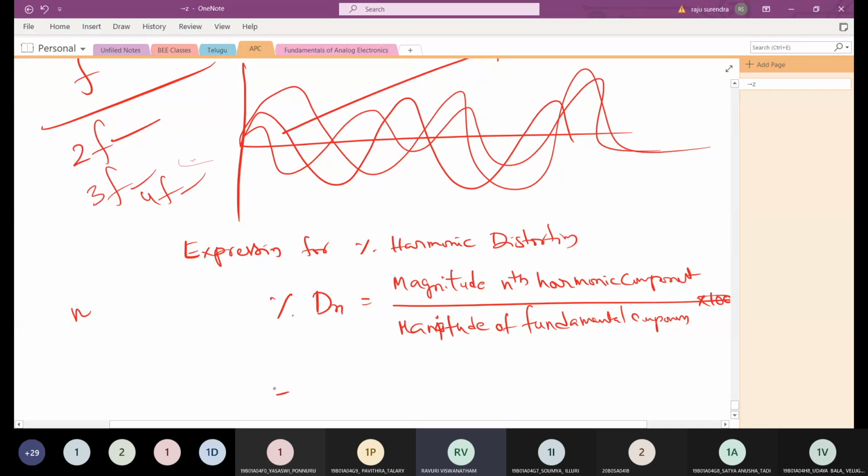Let us consider the magnitude of the nth harmonic component as Bn and the magnitude of the fundamental component as B1, multiplied by 100. All of you understood this step?